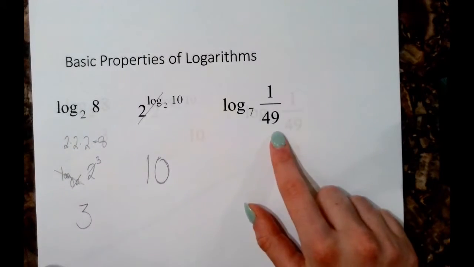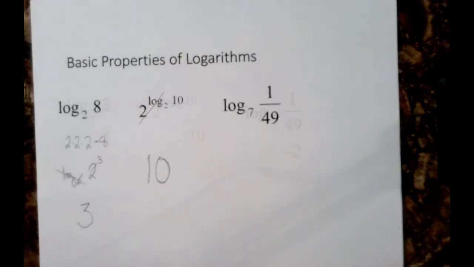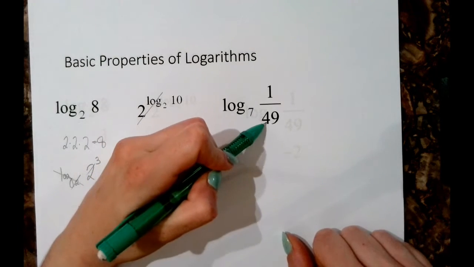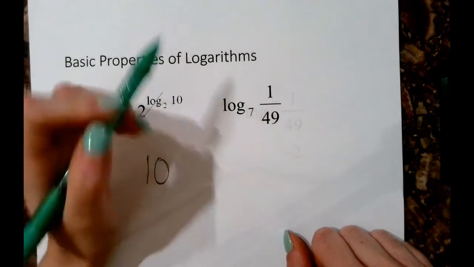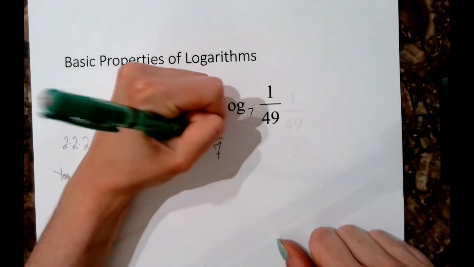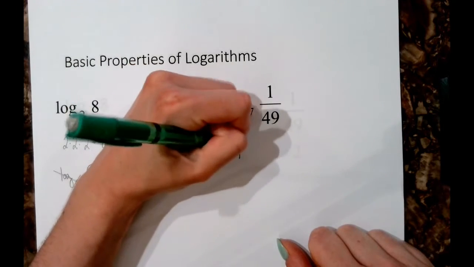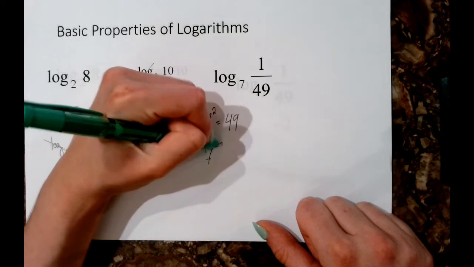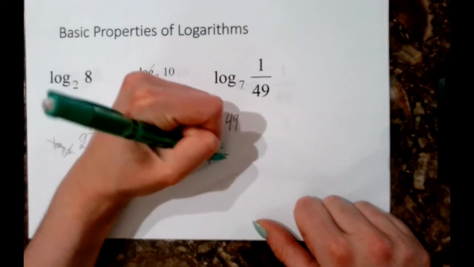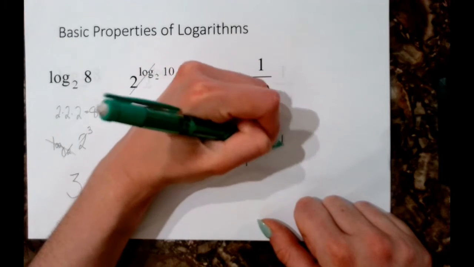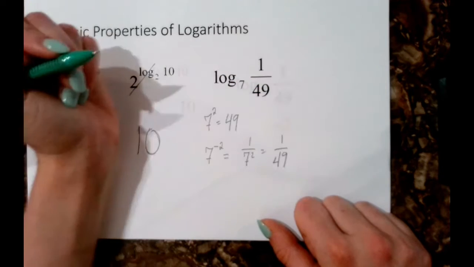This one again, it looks like we can't do much, but we need to use our brains and think about how we can possibly turn the 49 into a 7. Well, I know that 7 squared equals 49. So what if we take 7 to the negative 2? Remember, that's really saying 1 over 7 squared, which is 1 over 49.